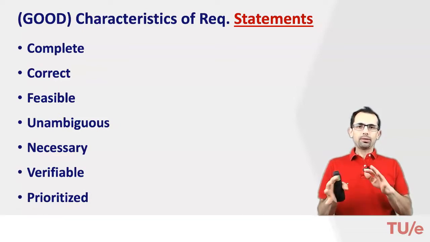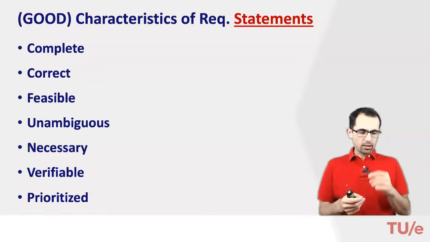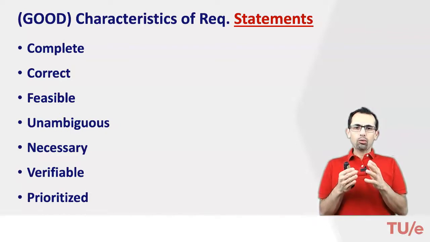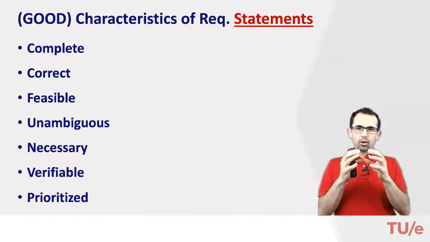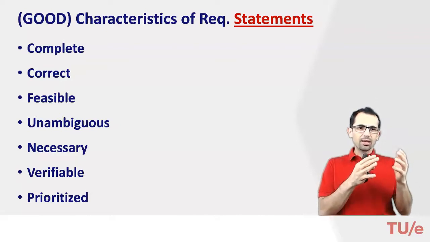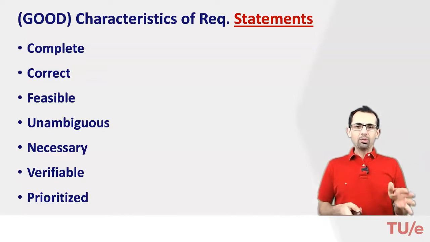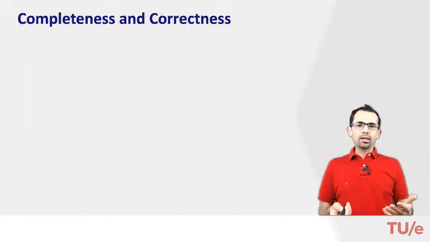I remember in previous years one of the students came up with an abbreviation, and we've been using it for quite a long time now. We said COCOFUN: complete, correct, feasible, unambiguous, necessary, COCOFUN VP. Anyway, whatever. So let's see what these are.